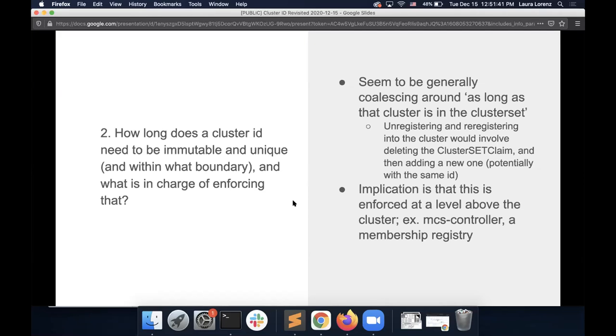That's the real goal, so an implementation has a nice way to reference clusters in a cluster set. And then the cluster set ID within a cluster would be related to membership in a cluster set, a nice, easy way to identify which cluster set the cluster belongs to. Those are the two high-level things in my mind that we really want to accomplish here.